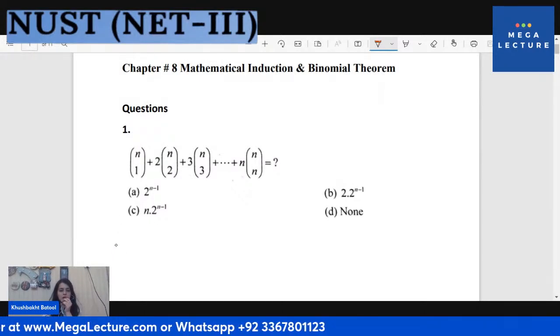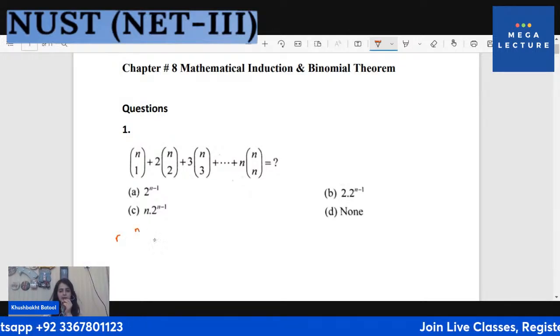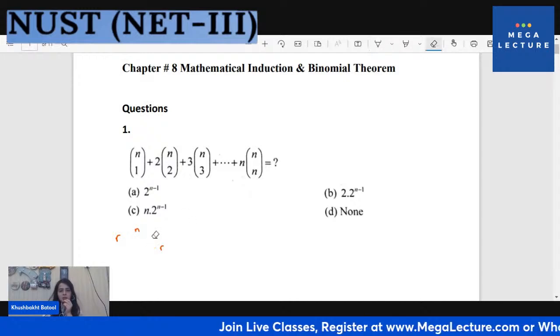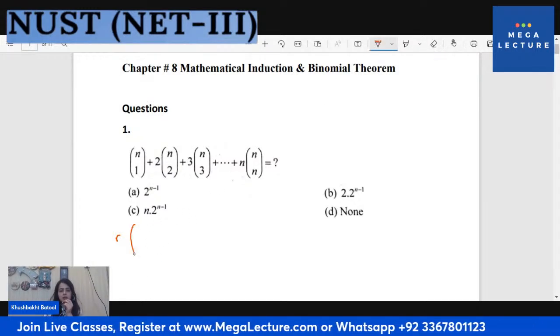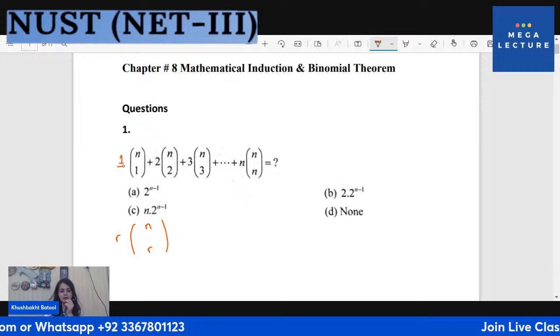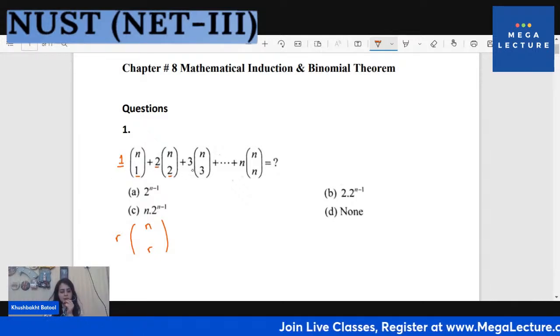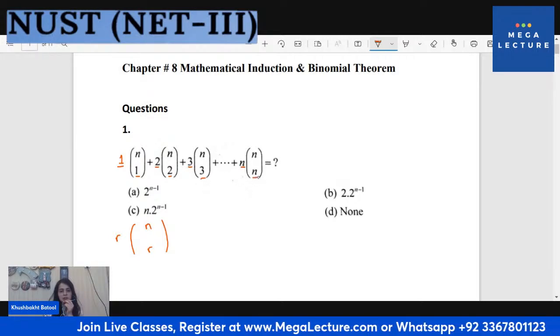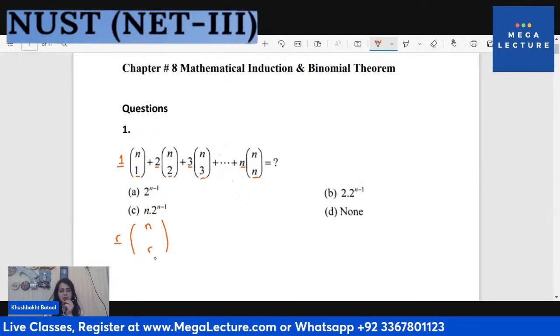Okay, so whenever you have such a situation where you have r into nCr, let's write it down the way they have written it, r into nCr. Now this number is same as this number.